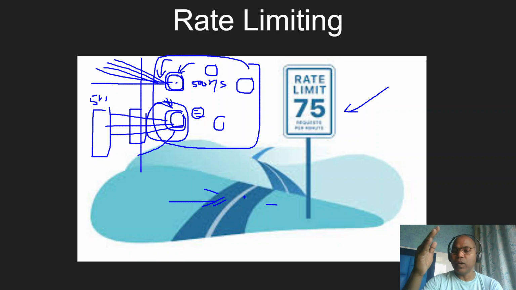So the traffic police apply a rate limit here. Let's allow only 2, 3, 4, 5 vehicles so that they can travel smoothly from one place to another. Otherwise the whole road goes into a traffic jam and everyone is just stuck. We apply the limit because we know the road has such capacity.